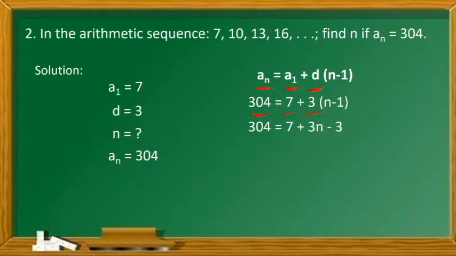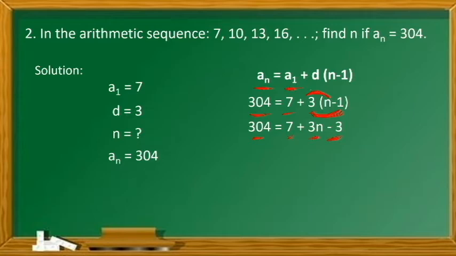Next, we have now to use the distributive property. We will multiply 3 times n, then 3 times negative 1. So we have 304 is equal to 7 plus 3 times n is equal to 3n, and 3 times negative 1 is equal to negative 3.